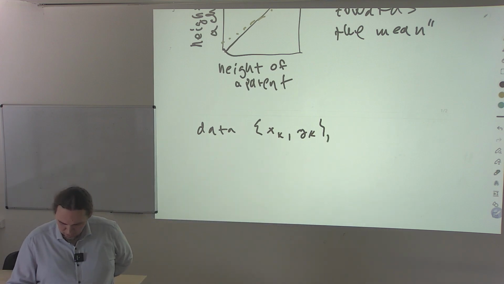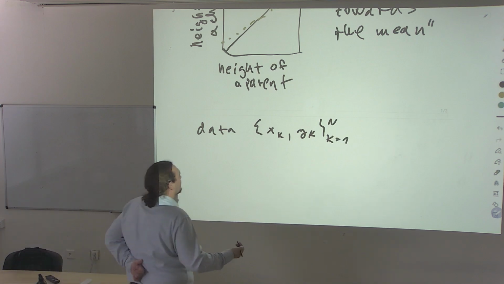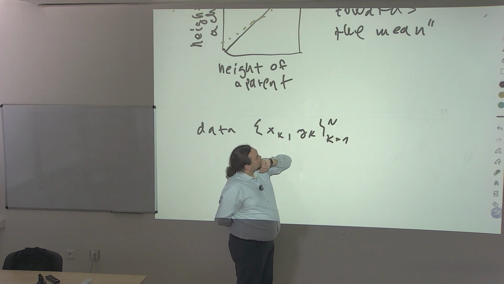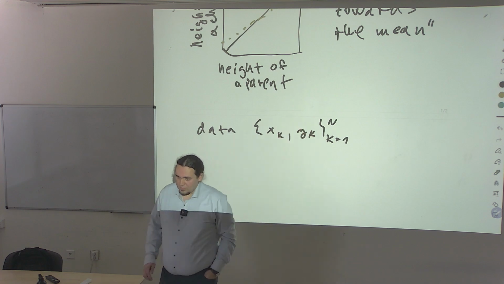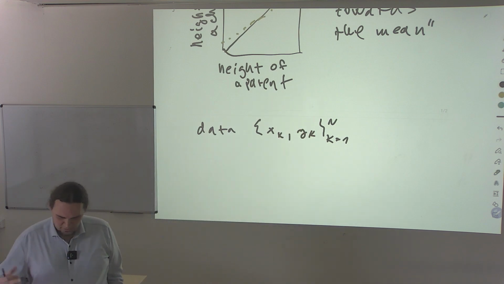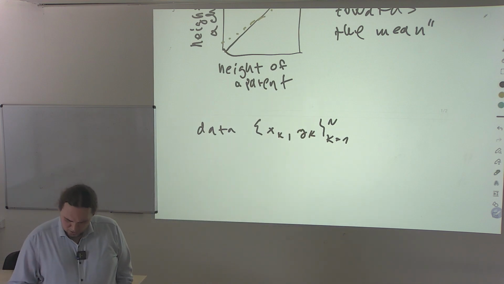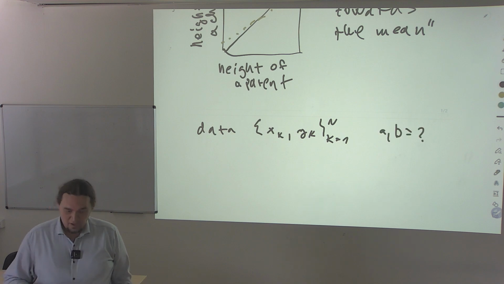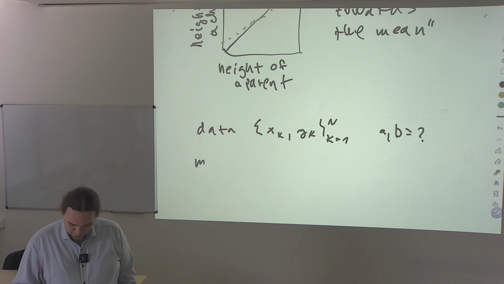This is repeating similarly as we did last time. So let's say we have capital N number of measurements, and this k is our iterator. So our task is, of course, to find what are the values of a and b.